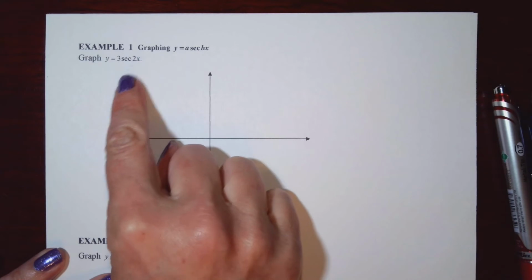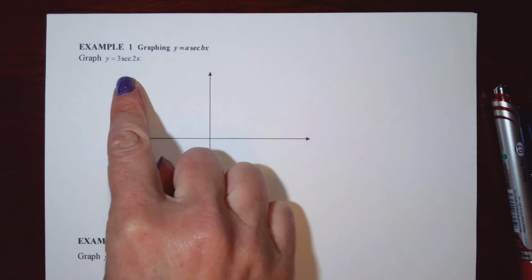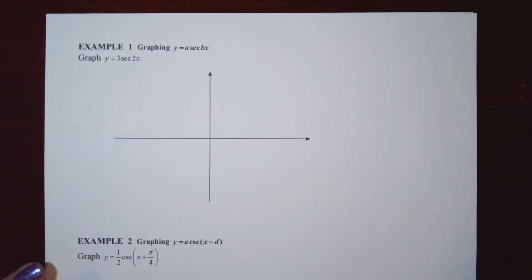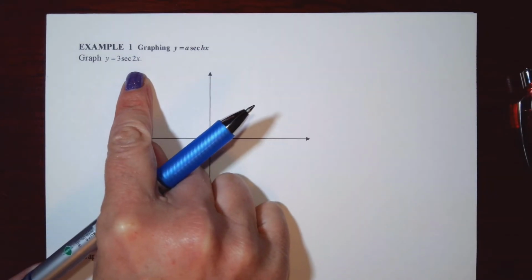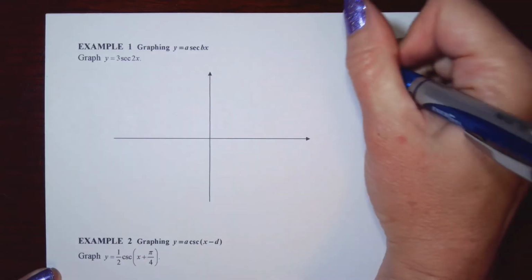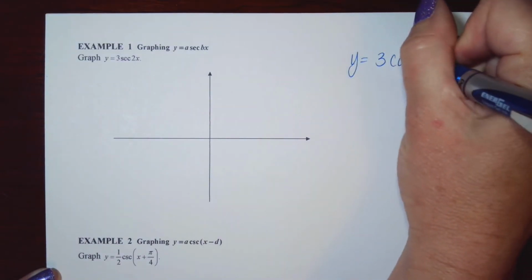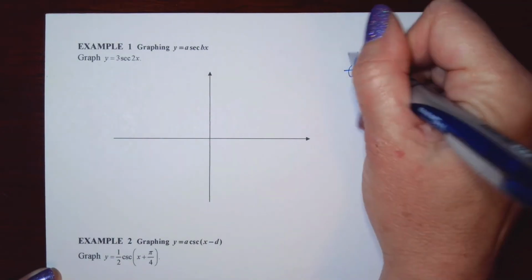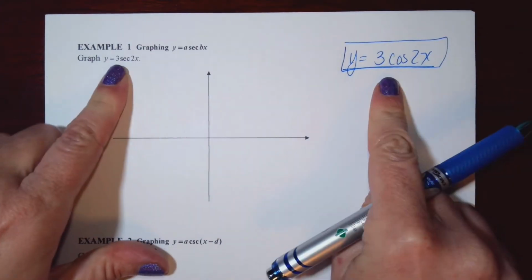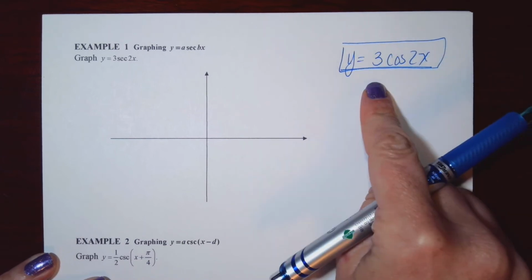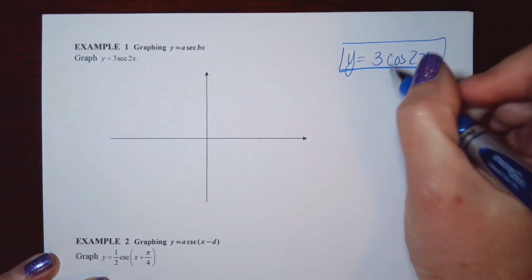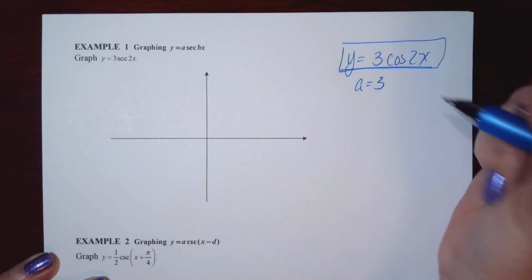All right, y equals 3 secant of 2x. This is our first example. We do not start by graphing y equals 3 secant 2x. We start by graphing y equals 3 cosine 2x because that's my reciprocal function. Well, what do I know here? I've got this 3 and I've got this 2. 3 is a value for a.